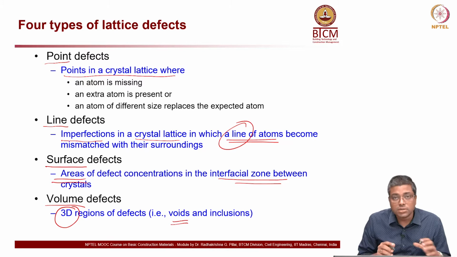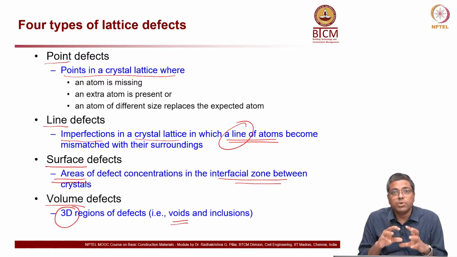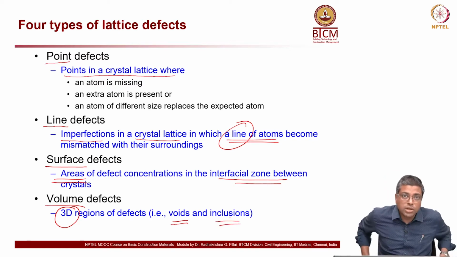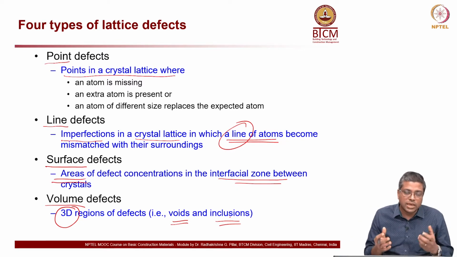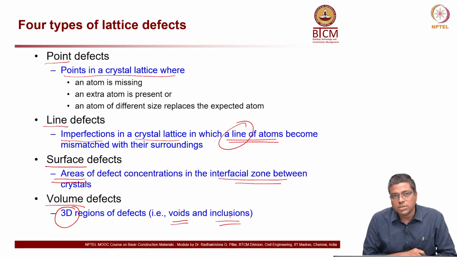Examples are voids, such as an air void inside the material, or an impurity of globular shape or some kind of nodules, or even inclusions in another shape. It could be needle shape, flaky material. We'll show you all that in the coming slides. Here I just wanted to mention these 4 defects in brief.